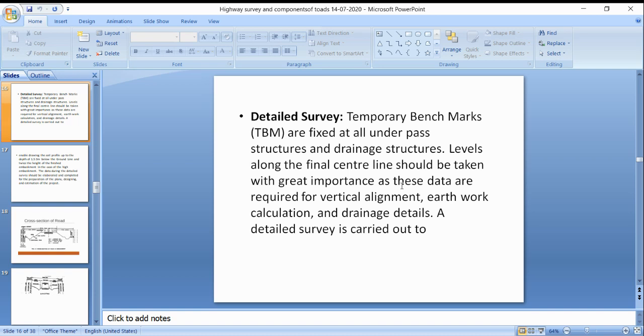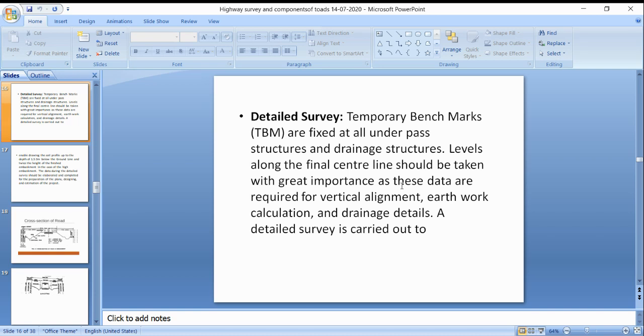The preliminary survey can be carried out by either of two methods. We have seen that the conventional method and the modern rapid method are there. In the conventional method, we have seen all the different methods carried out in the field with equipment, taking measurements, and other topographical methods and data required to fix the final alignment.